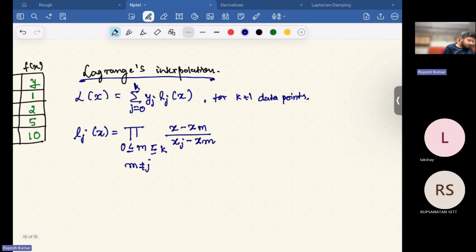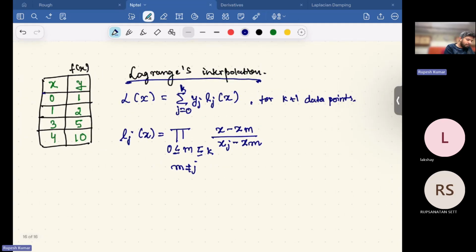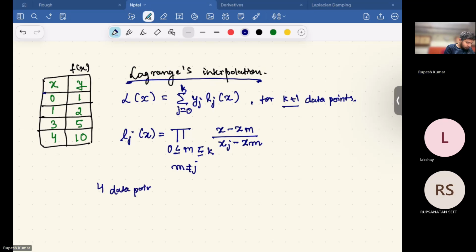So let's find the polynomials here. We have four data points, so we need to compute the polynomials which are the basis of this interpolant.